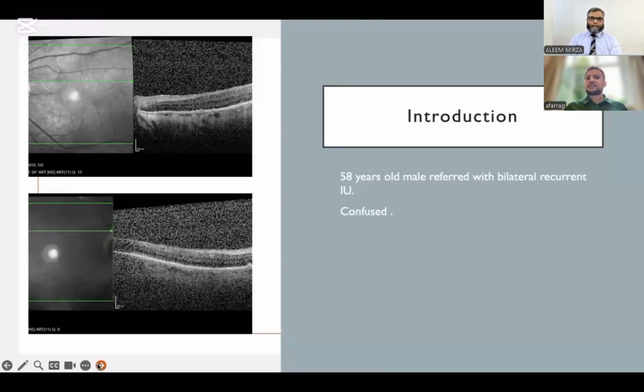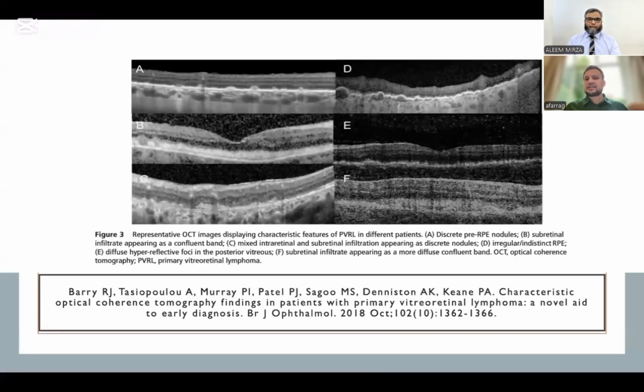So first of all, this is a 58-year-old male referred with bilateral recurrent intermediate uveitis. There were some abnormalities in his OCT findings, as we can see here. And this is one of the landmark publications about OCT characteristics in intraocular lymphoma.